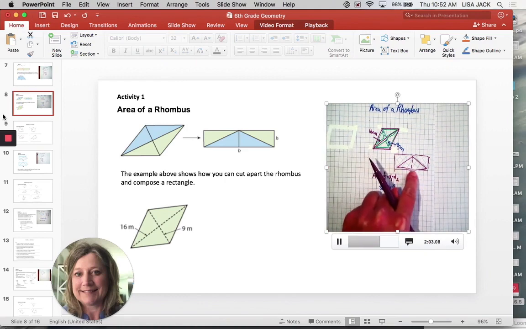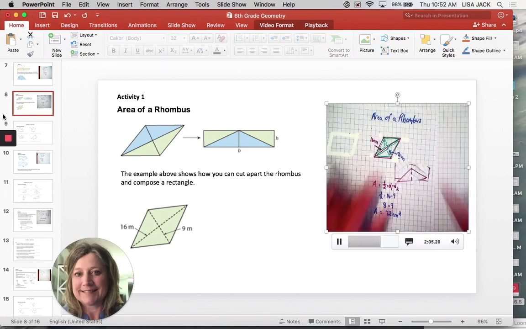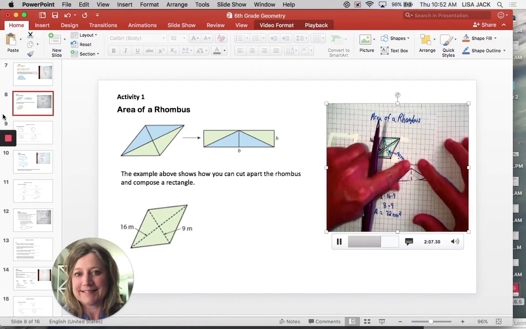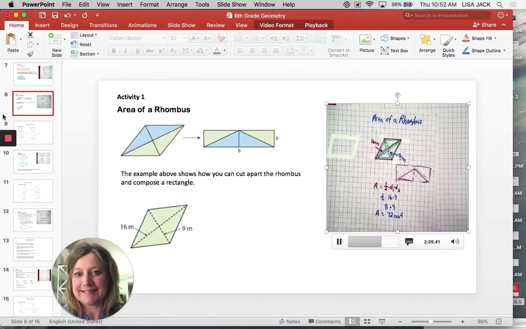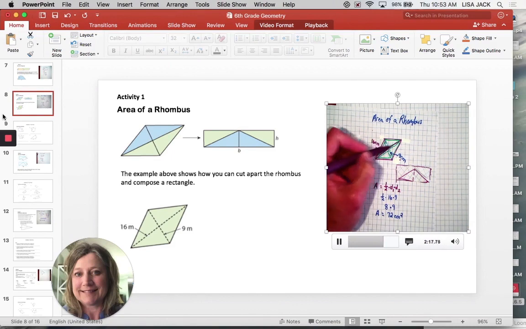Now you can see that when we break this apart, or decompose this rhombus, we composed it into a rectangle. The reason that happens is because the base of the rectangle is the same length as one of the diagonals of the rhombus.